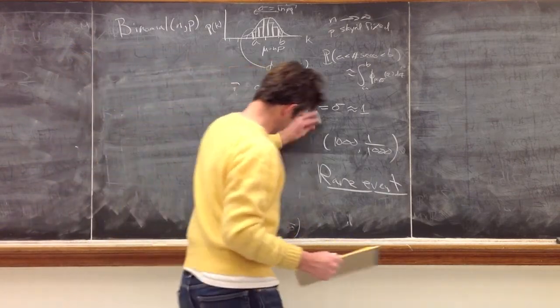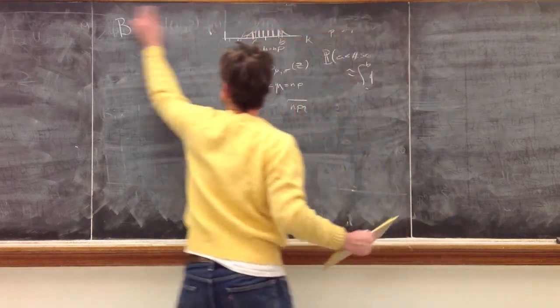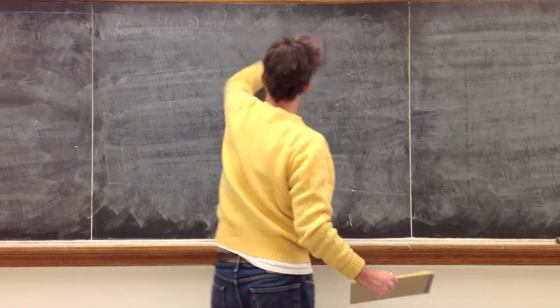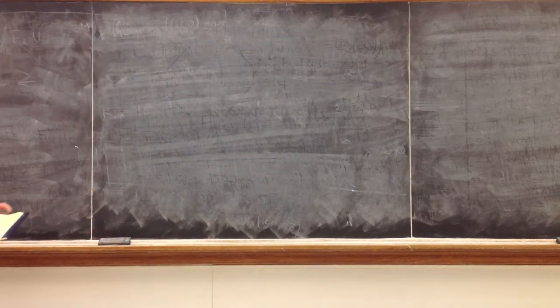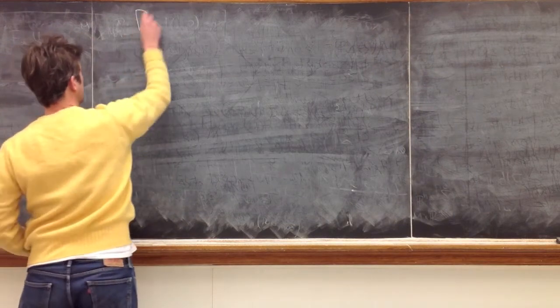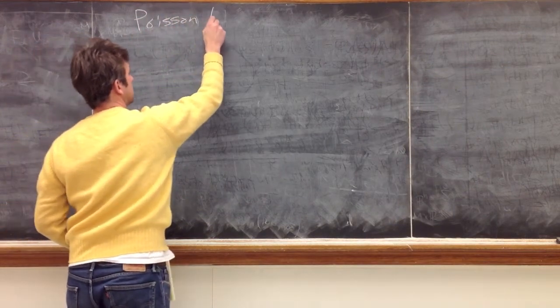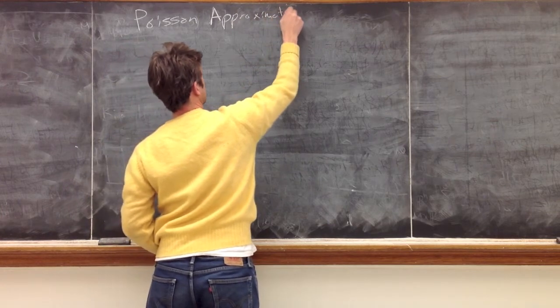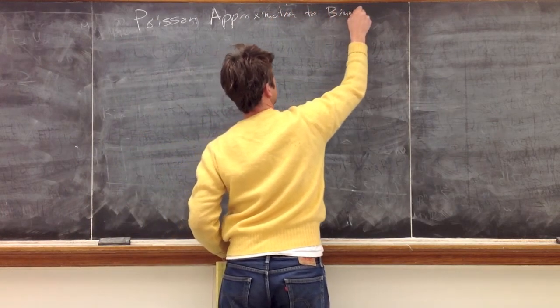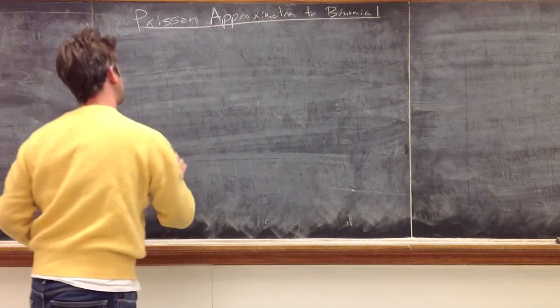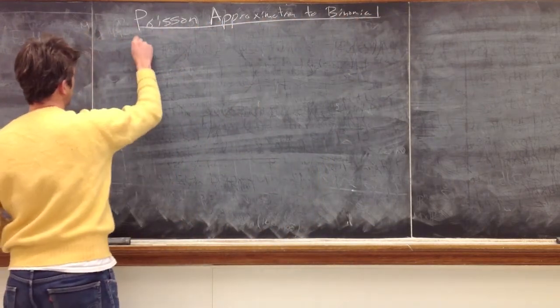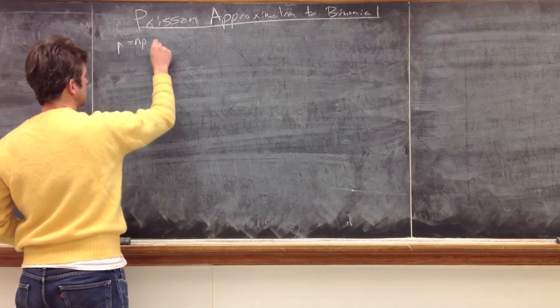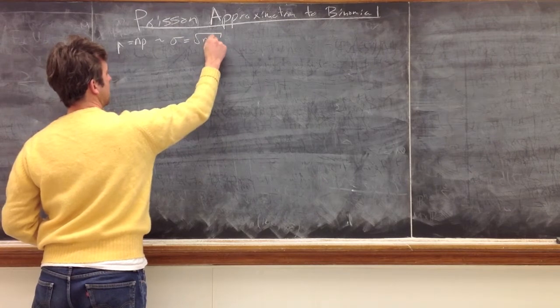So let me erase the board. Okay, so the Poisson limit theorem, or approximation if you want, to the binomial, is in the setting, so it's always going to be in the setting where np, which is the mean, is something comparable to sigma, which is the square root of npq.